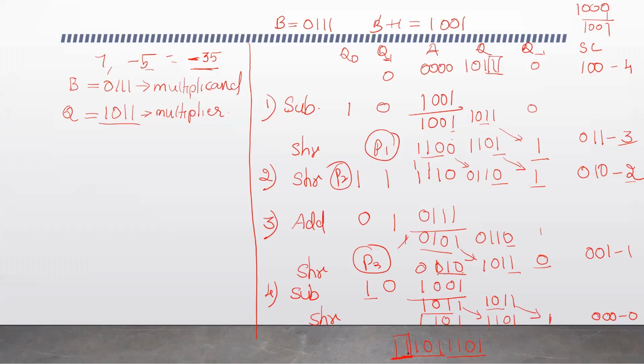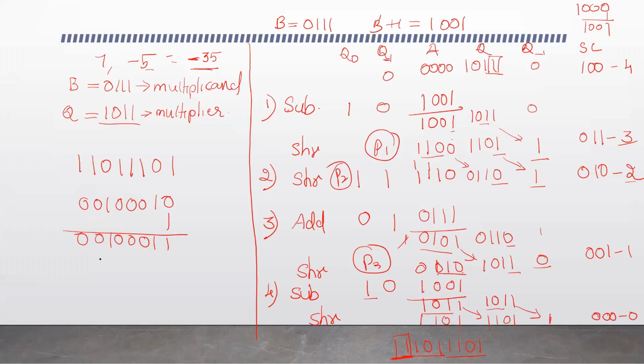How do you find the 2's complement of this number? The result I'll write again, 11011101. Now the 1's complement is 00100010. And when you add 1, we get 00100011. Now find the decimal equivalent.